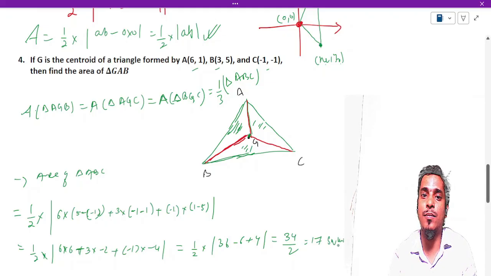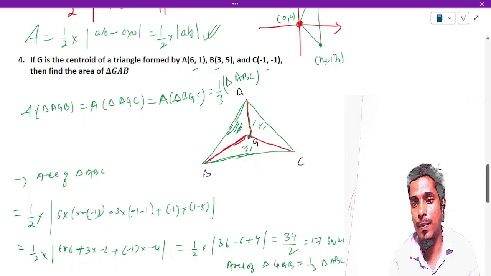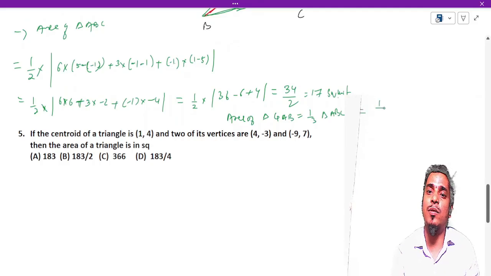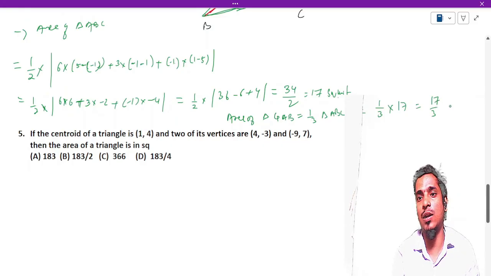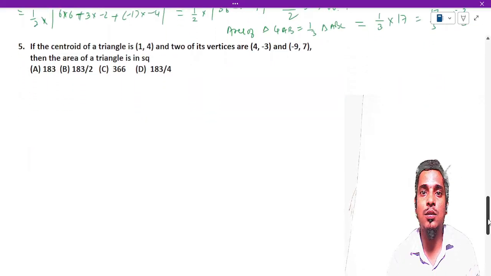But we need to find the area of GAB. So the area of triangle GAB is 1 by 3 times the area of triangle ABC. Once we substitute this value, we'll get 1 by 3 times 17 square units, which means 17 by 3, or we can write it as 5 and 2 by 3 square units.